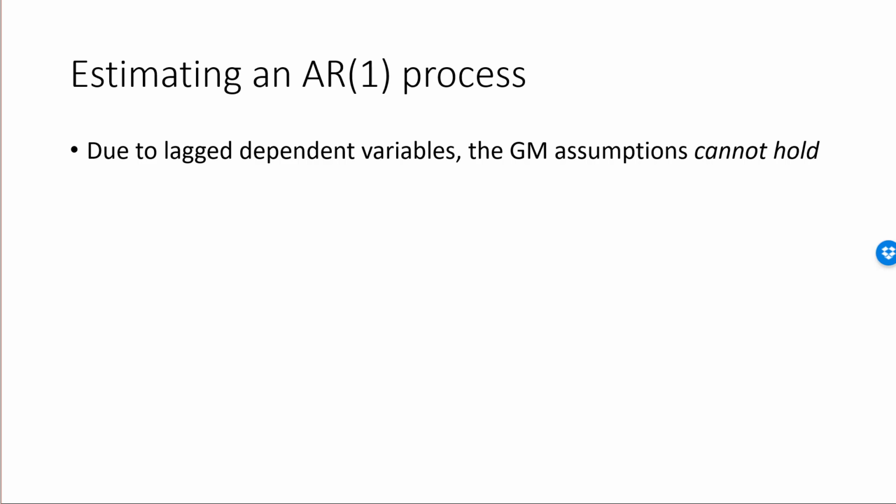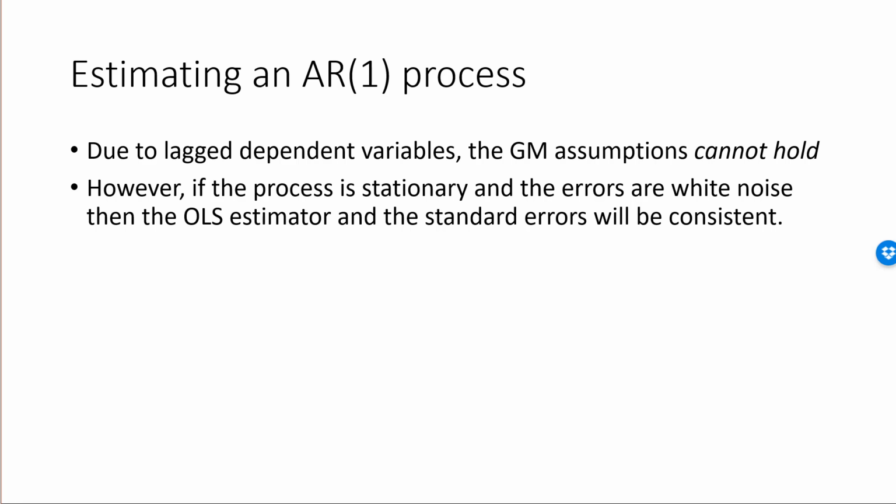The problem is the exogeneity assumption. It's possible to show that with lagged dependent variables, the lagged dependent variable cannot be exogenous. However, we can typically make another assumption, called predeterminedness, which will at least make your estimates consistent.